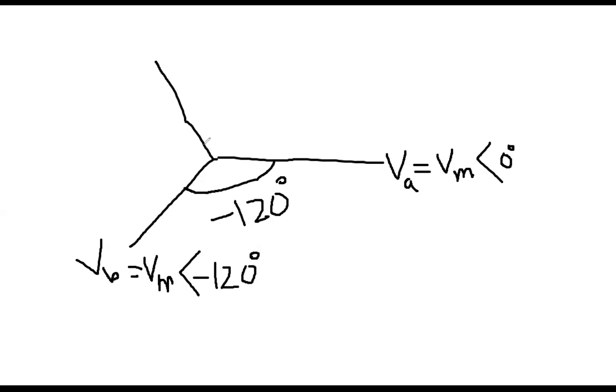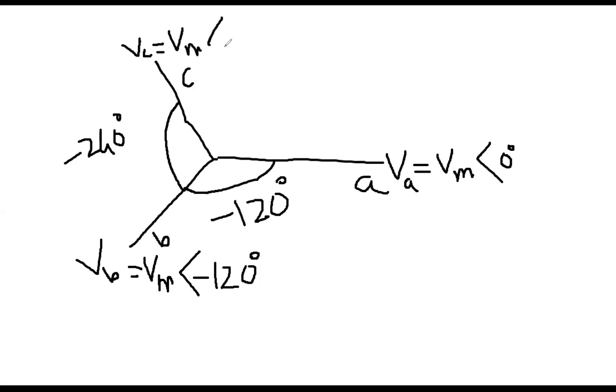So this is A phase, sorry, this is B phase, this is C phase. Here you go another 120 degree, so from here to here all the way, this one is minus 240 degree. This means this is VC, so you should write VC is Vm, the voltage magnitude, and then minus 240 degree.